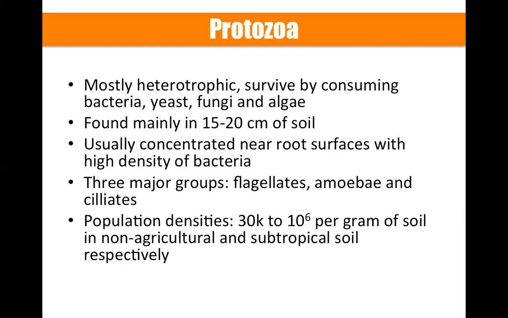The population density is about 30,000 to millions of cells per gram of soil, in non-agricultural and subtropical soil respectively.